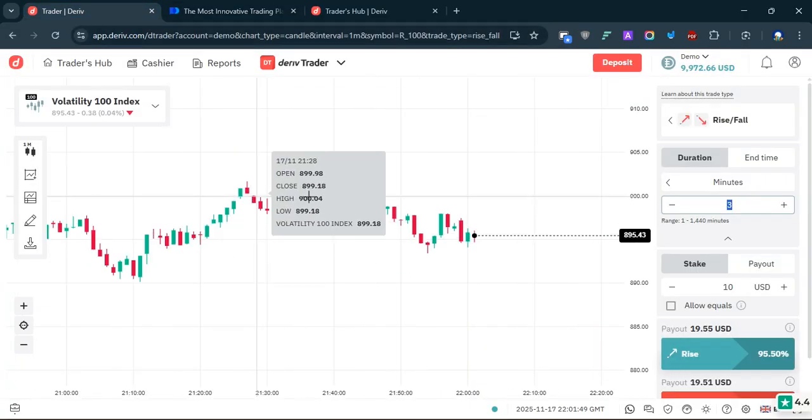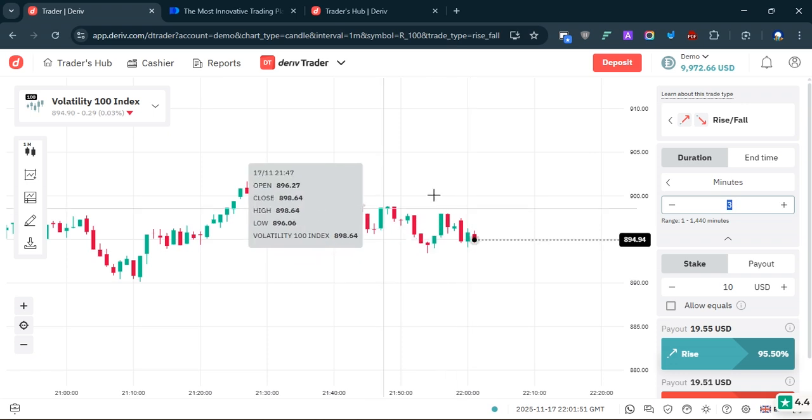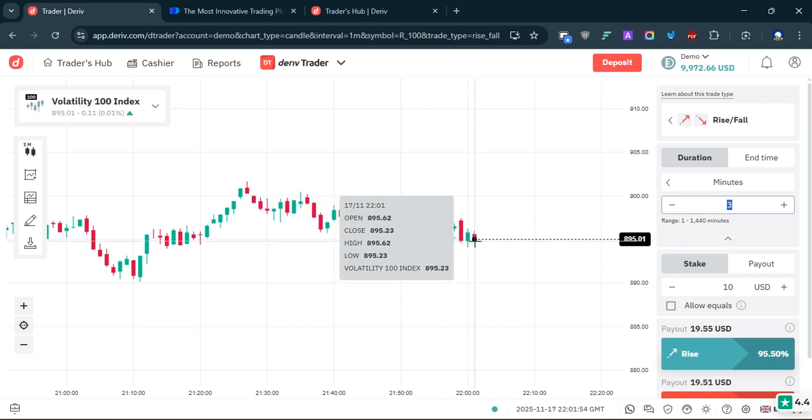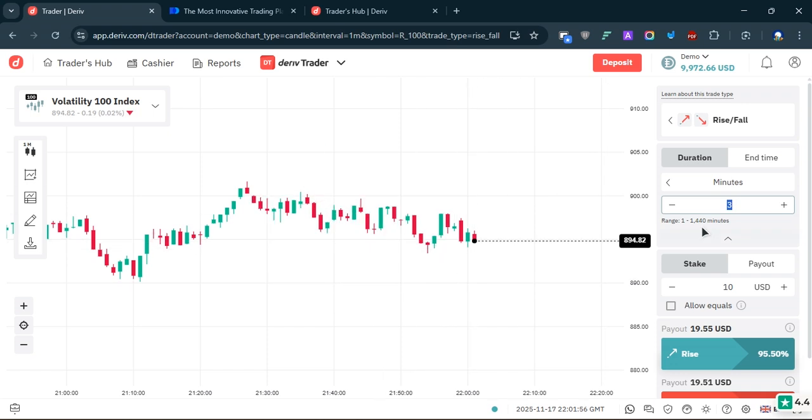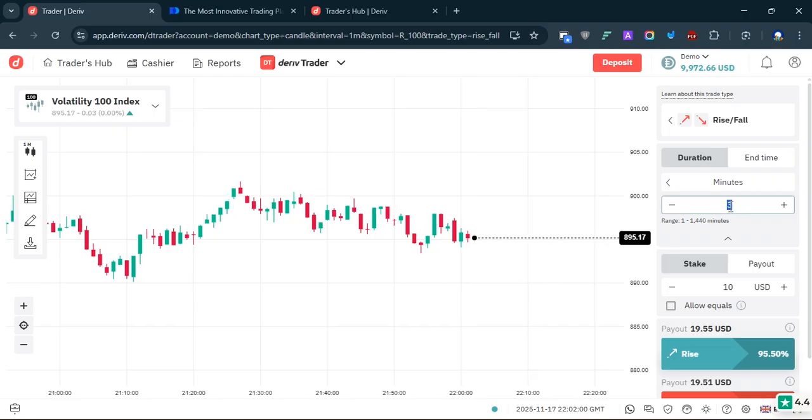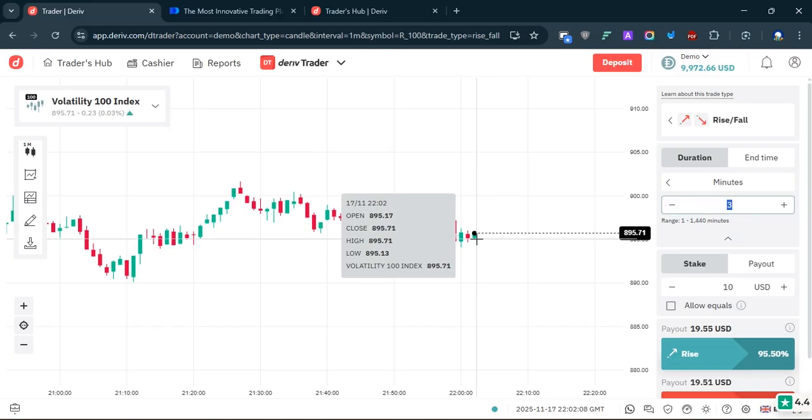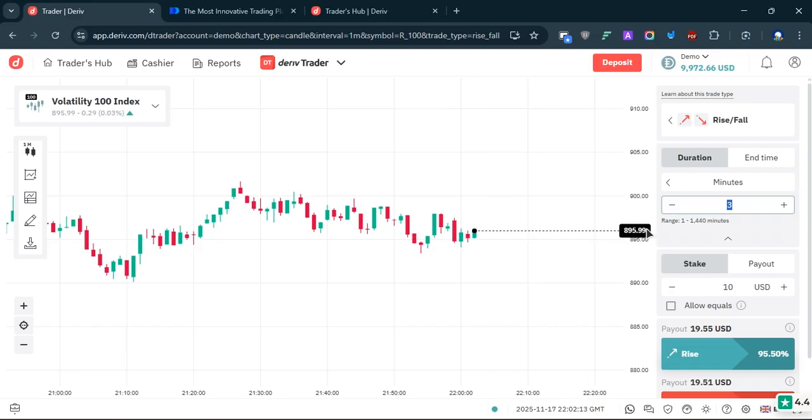Basically, binary options are trying to predict where the market will go in a certain amount of time. Let's say that here you choose you will be predicting within 3 minutes. If I predict that within 3 minutes the market will go above this price, so the current price is the price that you will be predicting against.